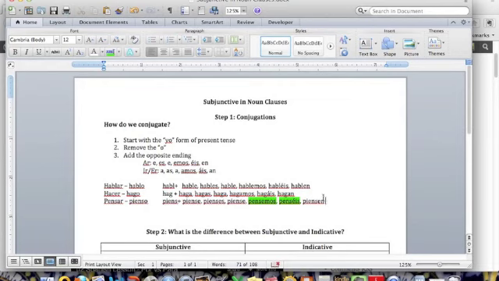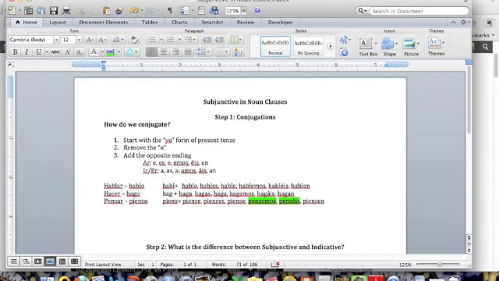What about irregulars? Do we have any irregulars? And the answer to that question is yes, we do have a couple of irregulars. Those irregulars, I like to remember them with the acronym SIDES. S stands for ser. I stands for ir. D stands for dar.